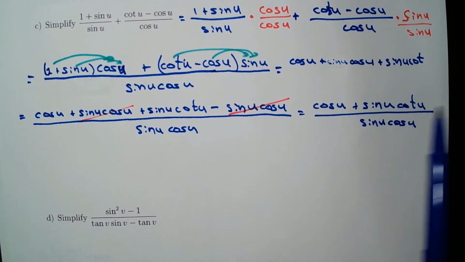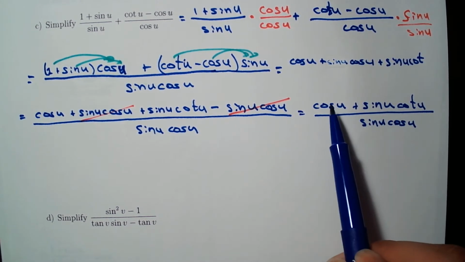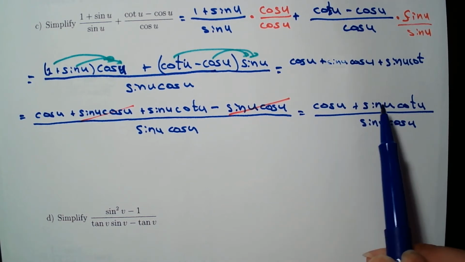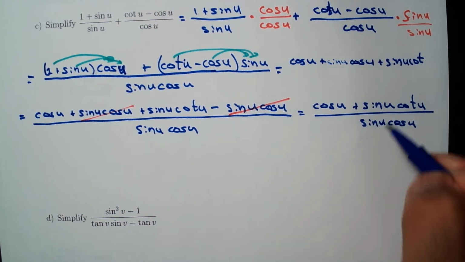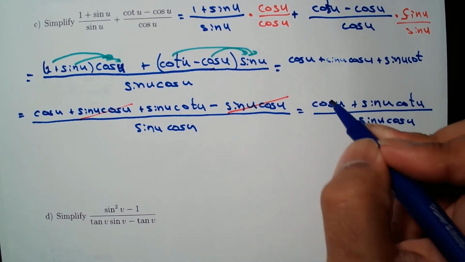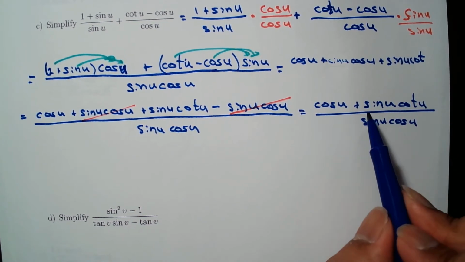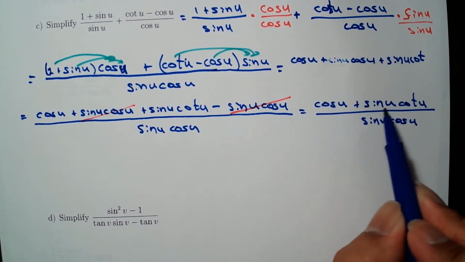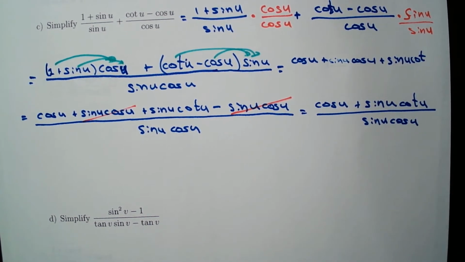We could cancel one of the sines here if only we had two sines here to factor it out as a GCF and then cancel it out. Unfortunately, we cannot do this because this is part of a sum. It is the same case for cosine. Right here, we cannot cancel this guy because it's part of a sum. Otherwise, if this were a cosine, we factor it out as well, and goodbye. However, we're in a way trapped, but not for too long.